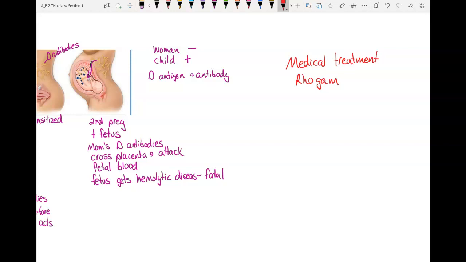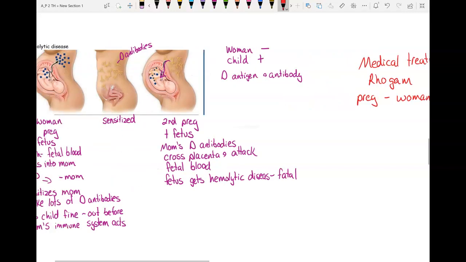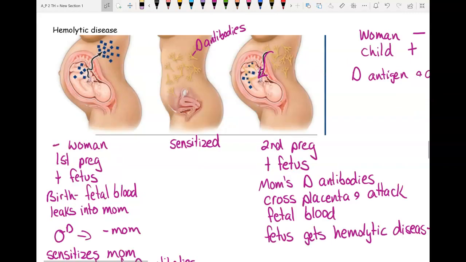So now anytime a woman who has a negative blood type gets pregnant, they give her a RhoGAM shot. So a pregnant negative woman gets RhoGAM during the pregnancy and again when she gives birth. What the RhoGAM does is it travels through the mom and into the fetus.